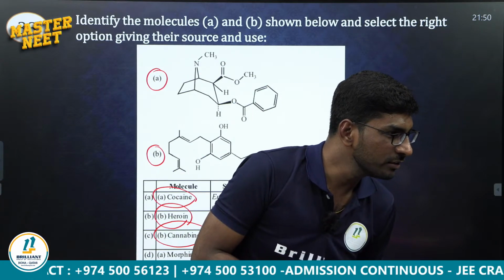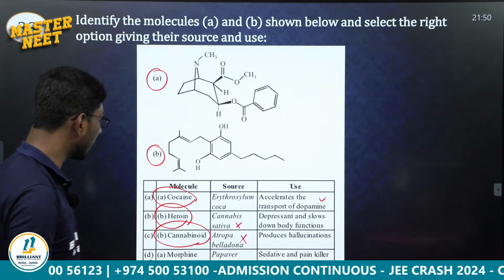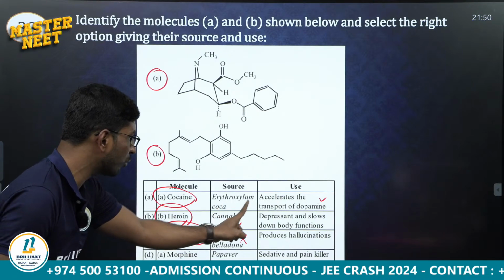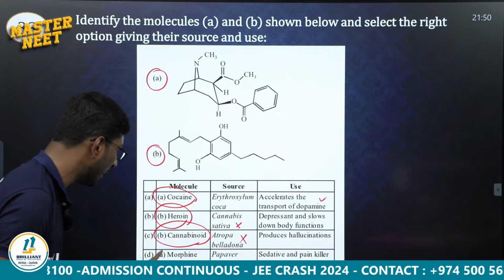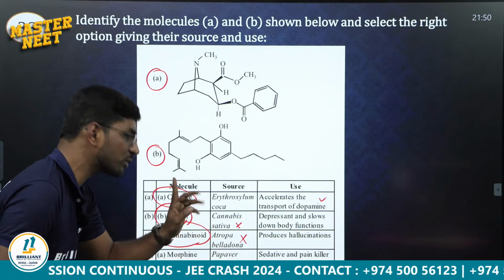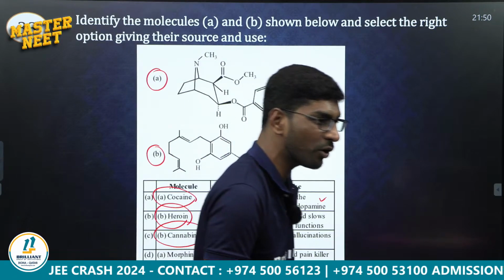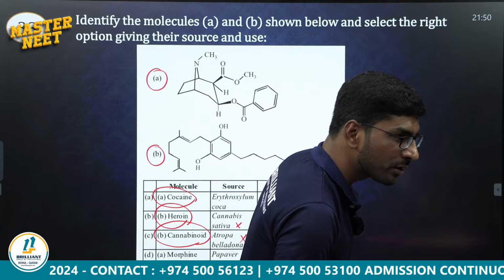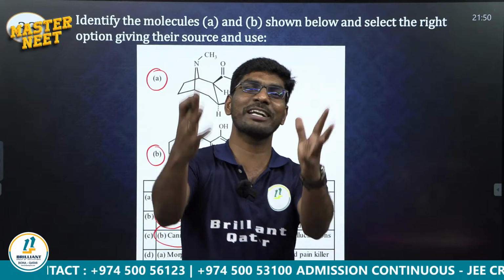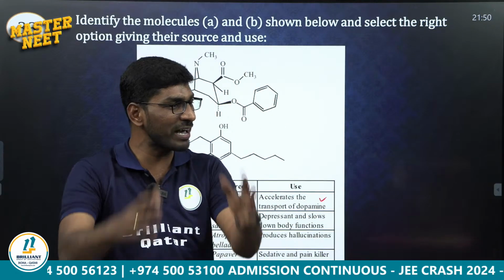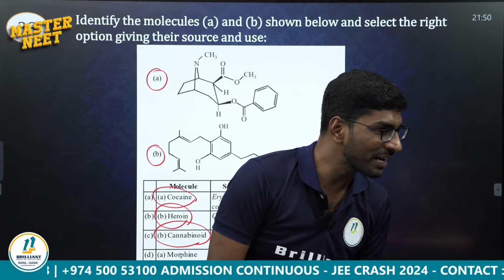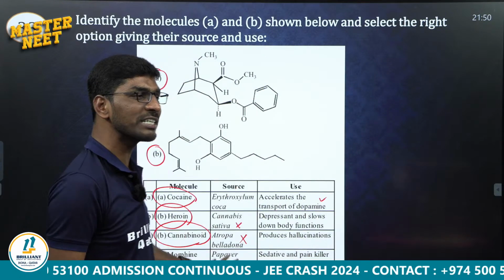Now, what about the last one? Cocaine, Erythroxylum coca, accelerates the transport of dopamine. This morphine is Papaver somniferum. Is it correct or not? The last one, option D. What is wrong in option D? Yes, you're very good, absolutely correct. So, what's the correct answer of this one?